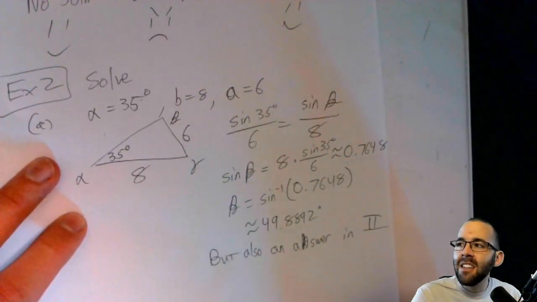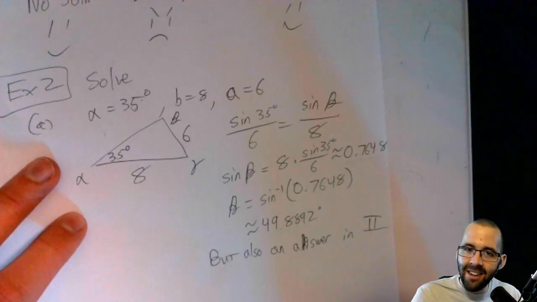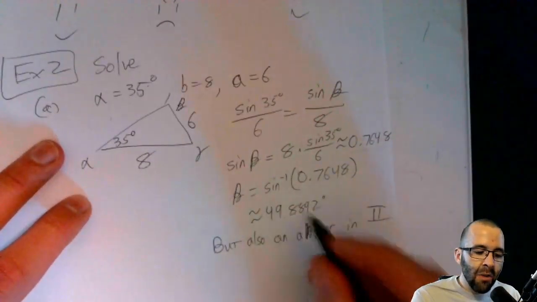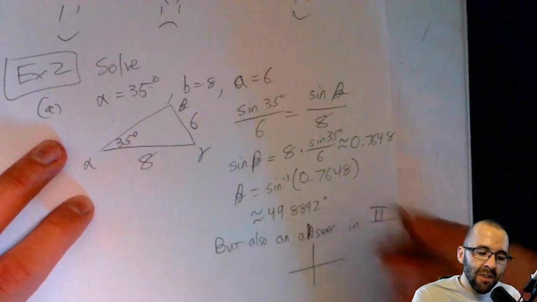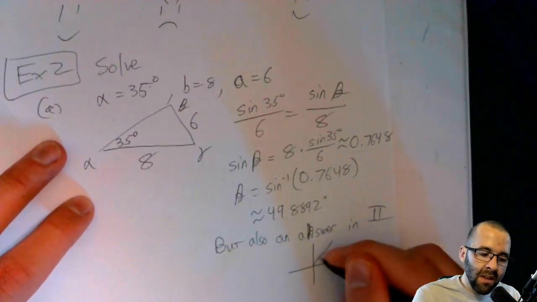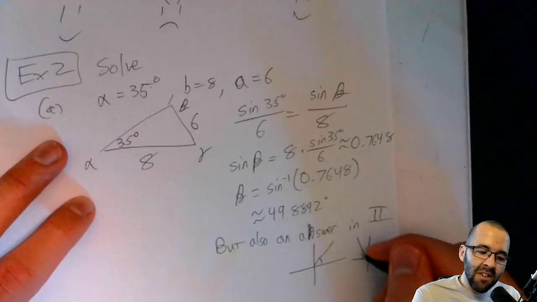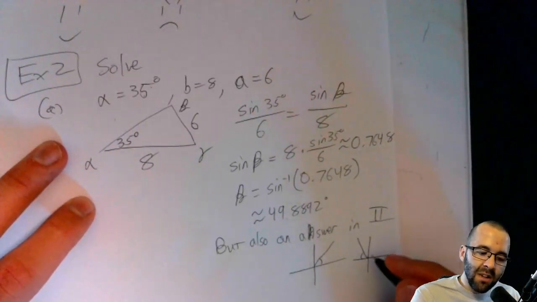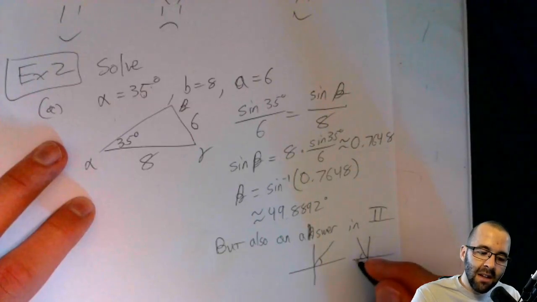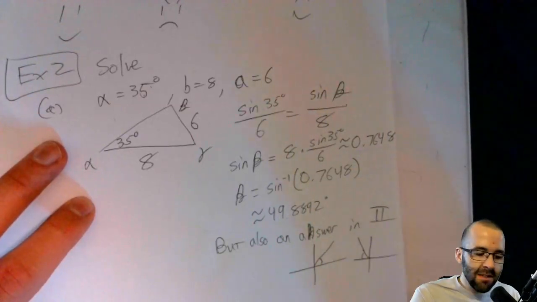So we need to find the supplementary angle here. A reference angle of about 50 degrees in the first quadrant is one answer, but there's also that reference angle of 50 degrees in the second quadrant, and we need to find that whole thing. So we're going to take 180 degrees minus that 50 degrees.